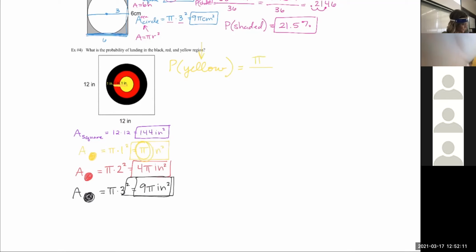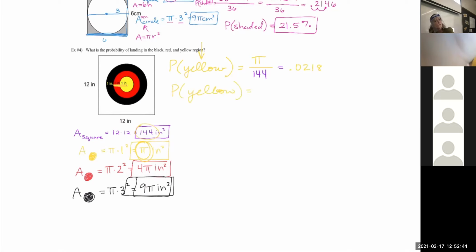So your favorable is the yellow circle, okay? Over the total possible. What's the total possible in this problem? Right, the area of the square, the 144. So favorable over possible is pi over 144. If you plug that in, you get this number, 0.0218. So the probability that I hit the yellow circle is what?